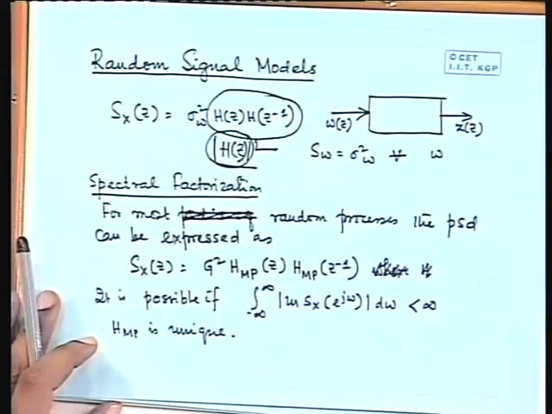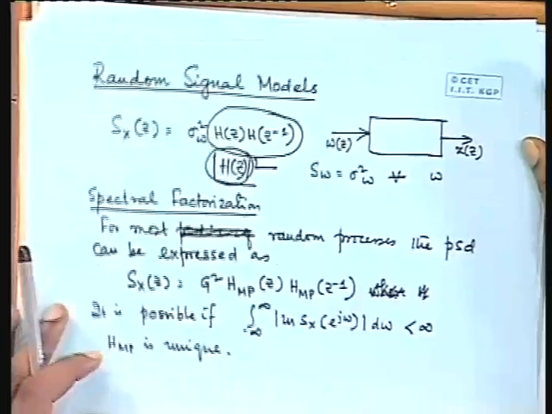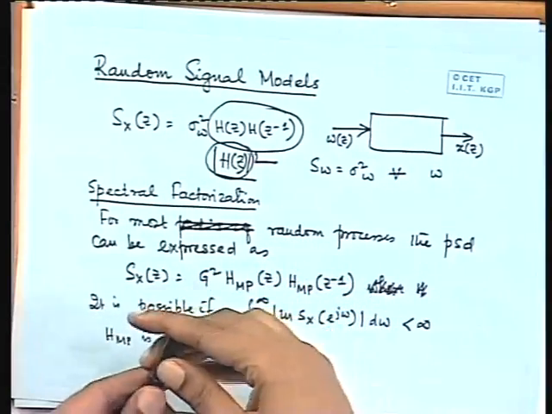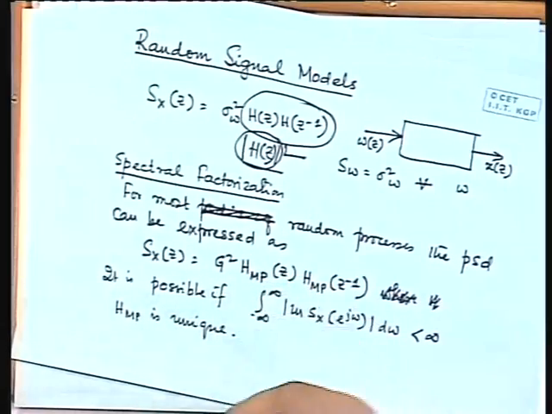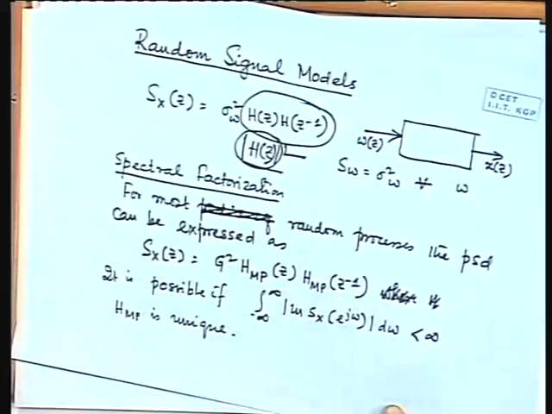Okay. So you have to read these things. There is also a very interesting result called the spectral factorization theorem, which says that most power spectral densities can be factorized like this in terms of minimum phase systems. That is why most power spectral densities that you get in practice can be expressed like this, right.